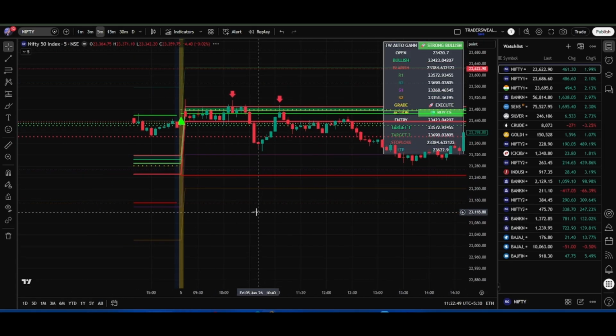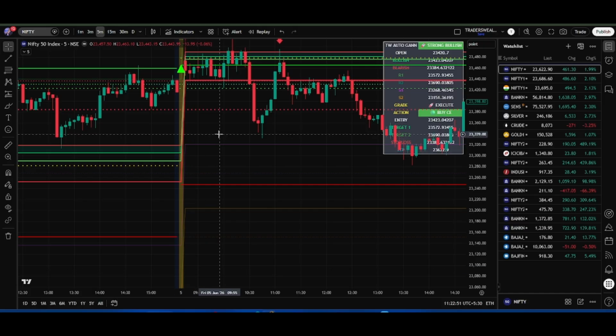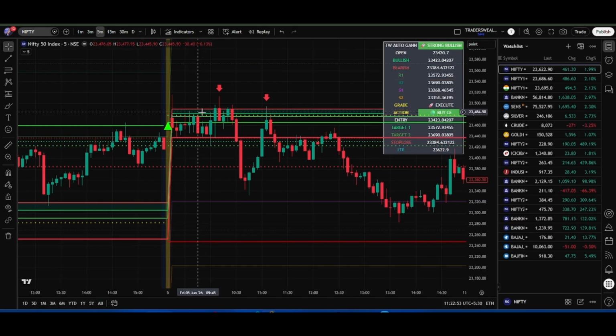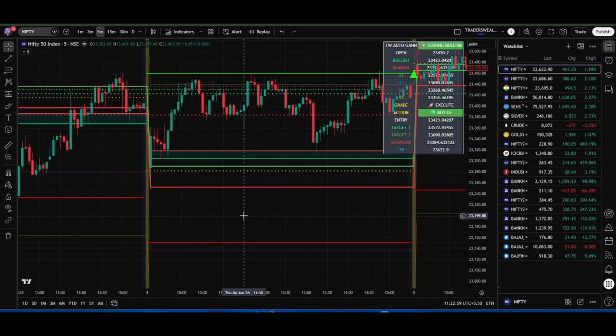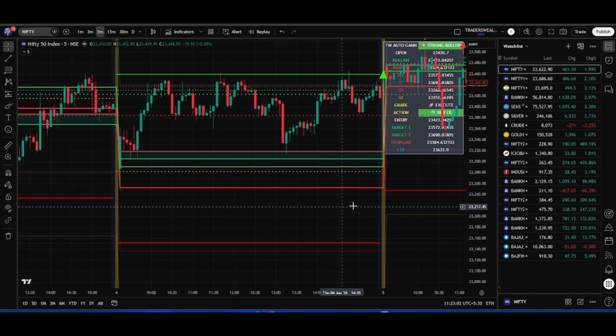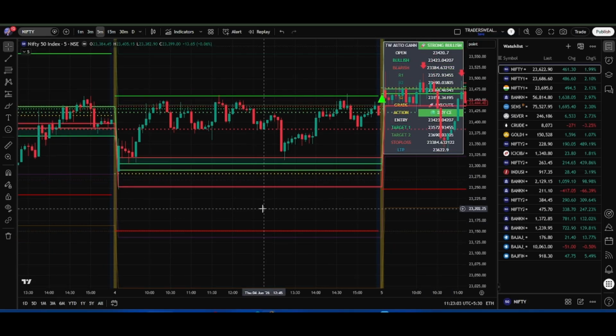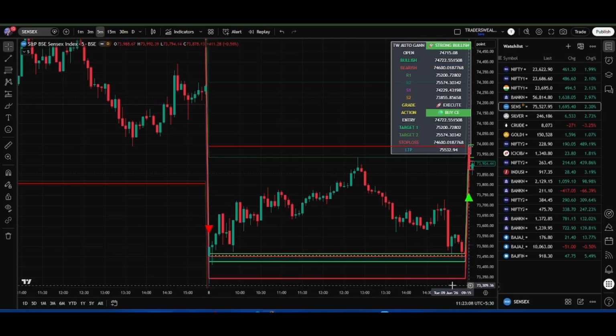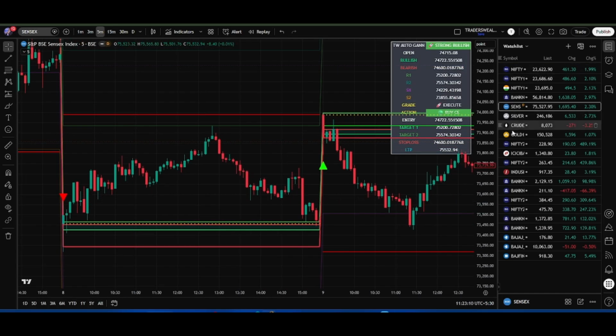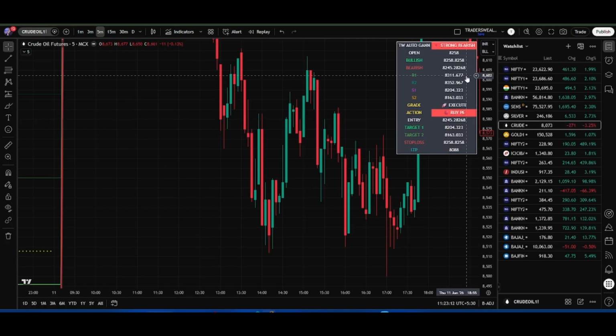On the 5th of this month, you can see there were no red candles closing, and no green candles closing above that. So your direction is very clearly mentioned here, and you can understand the direction of the stock or Nifty or whatever you want to check. If you want to check Nifty, Sensex, you can check in this. Crude also works so well.